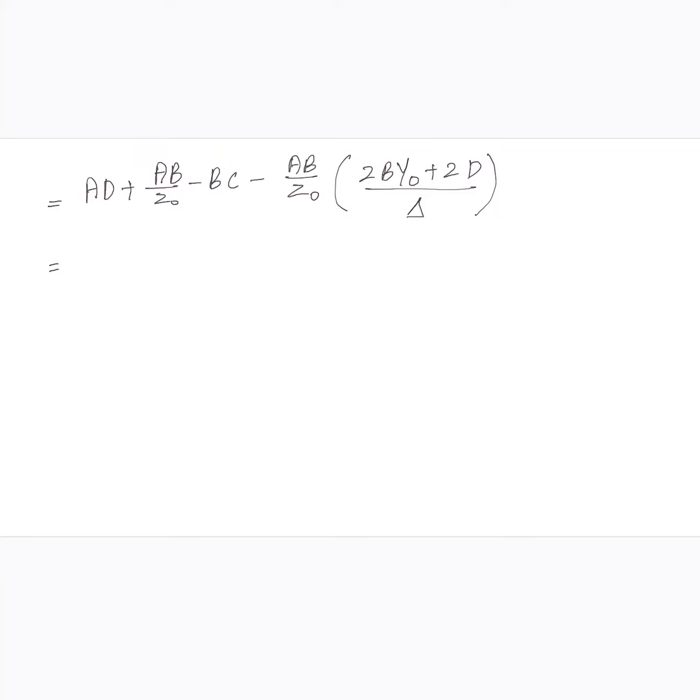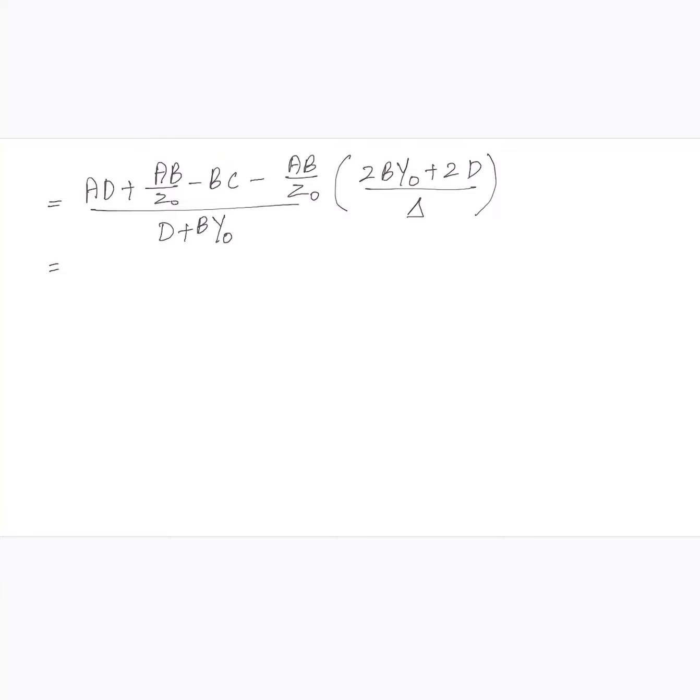Here the terms will get cancelled, divided by D plus B by Z naught. So AB by Z naught and AB by Z naught will get cancelled.